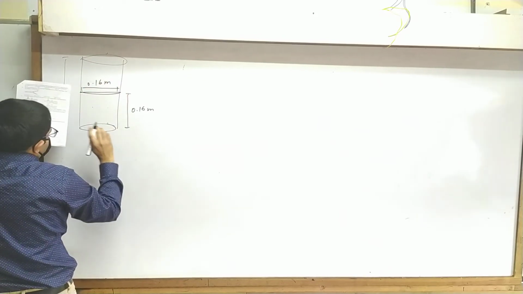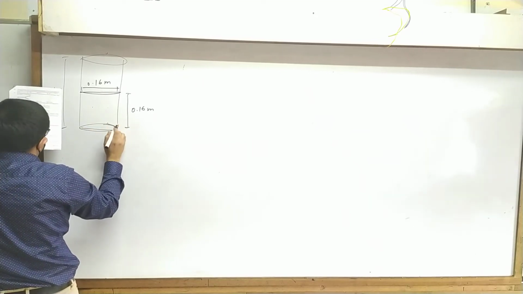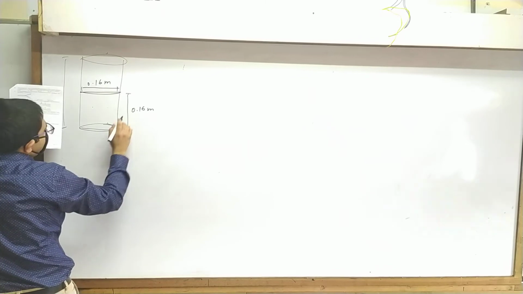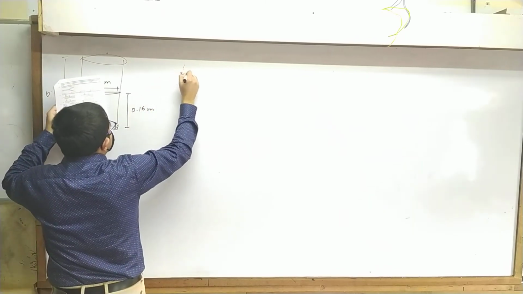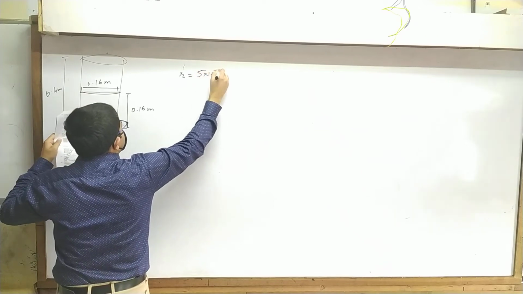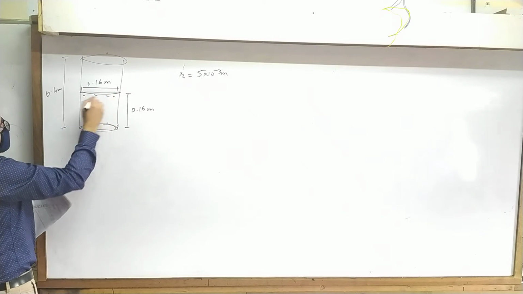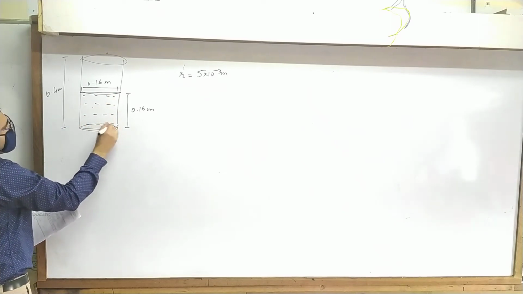How long will it take to empty the tank through a small hole at the bottom? What's the radius of the hole? 5 into 10 raised to minus 3 meter, that's 5 mm. So this all will be water.